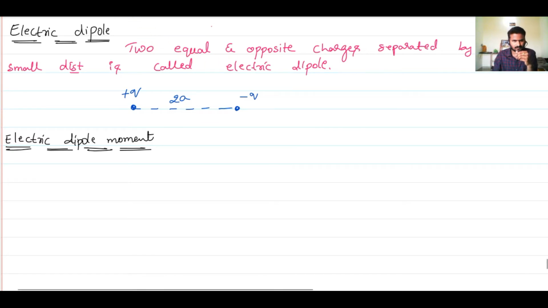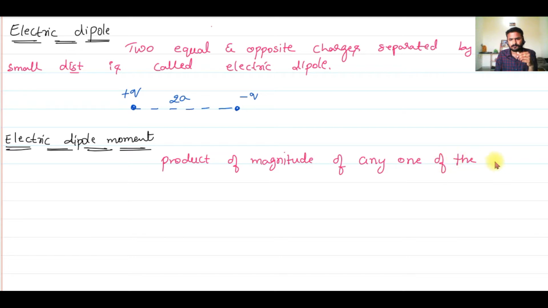That's it. Now let me write that: product of the magnitude of any one of the charges of a dipole with the distance between the two charges.